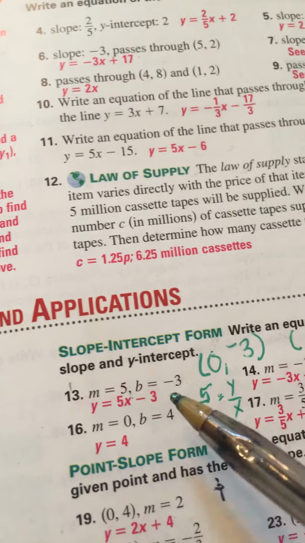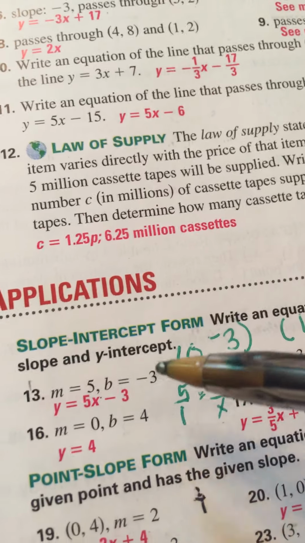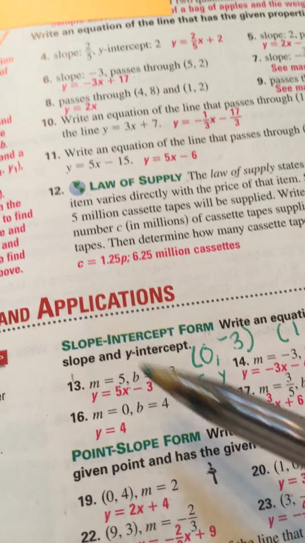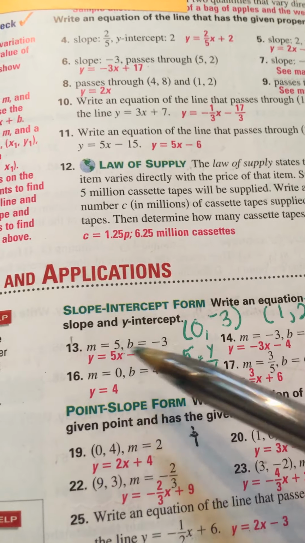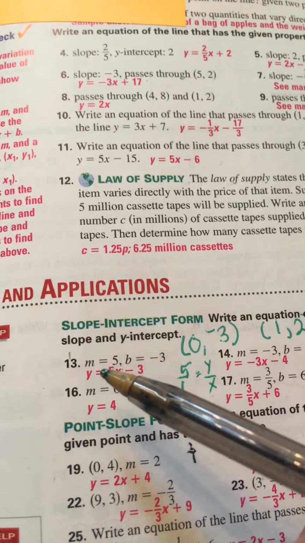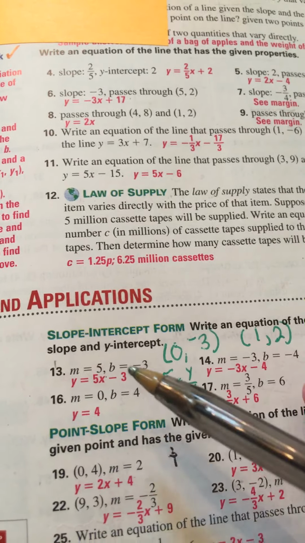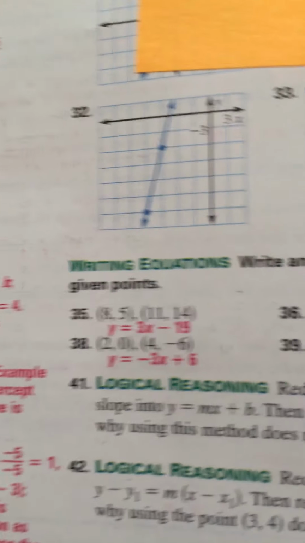Now, this one, they just wanted you to write it, and you could do that just because they tell you the slope and they tell you the y-intercept. But sometimes you don't have all of that, and I just wanted you to see that the way you can think about this is, if you've got a slope, or a y-intercept, or points, or that it's perpendicular or parallel, you can translate that information to 2 points and do a linear regression, and you have a very easy way to get a line.